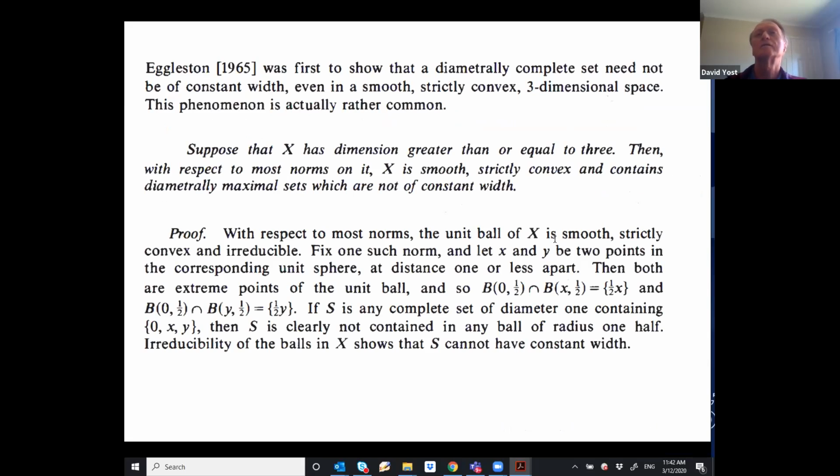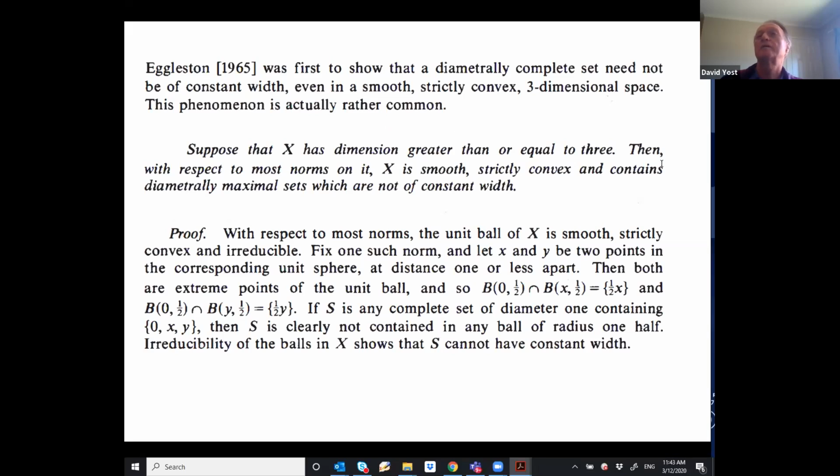Now, Eggleston was the first to show that a diametrally maximal set doesn't have to be of constant width. And he gave an example of a three-dimensional normed space with a smooth, strictly convex norm where this happens. And sometime later, I showed this is actually a very common phenomenon.